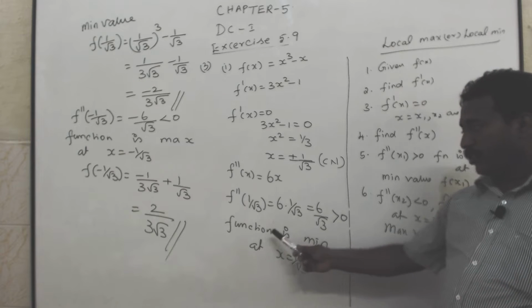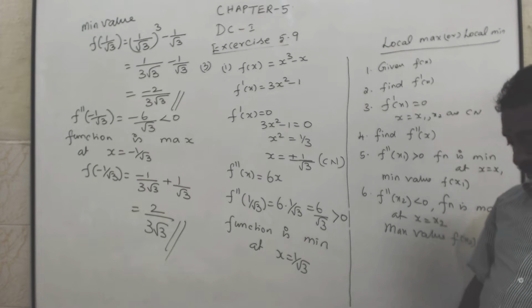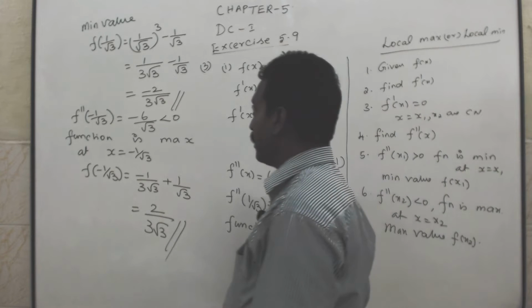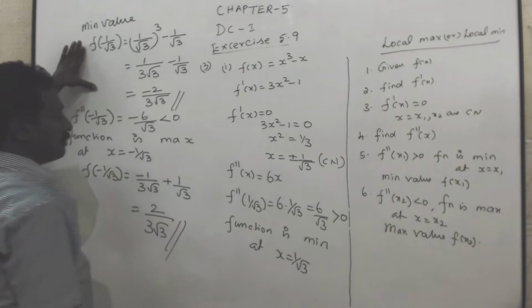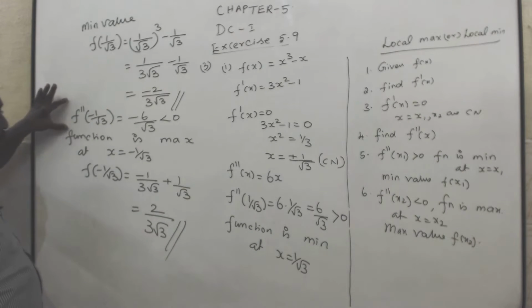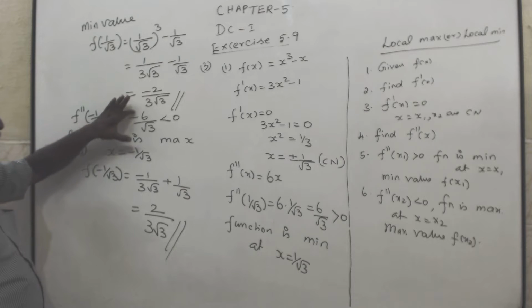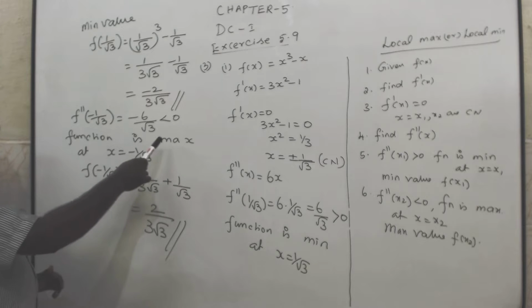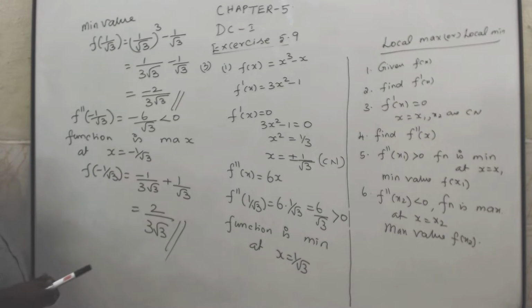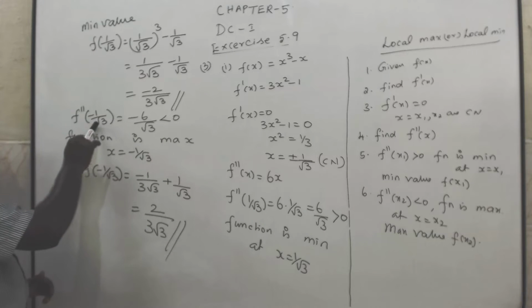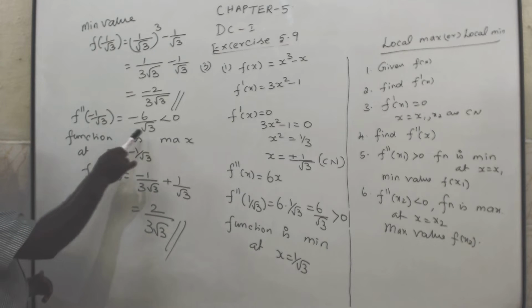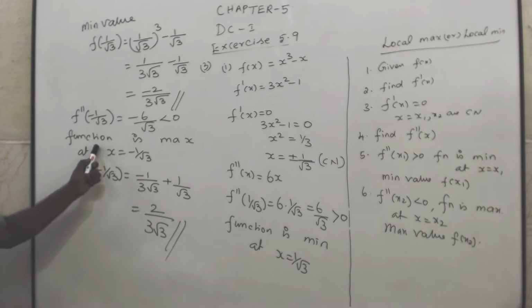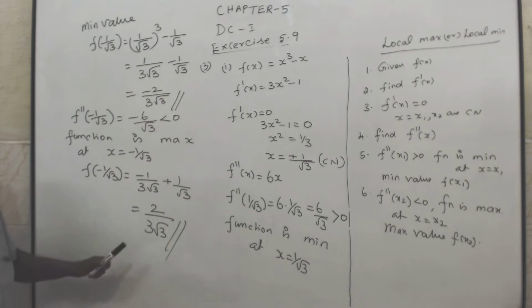Second derivative positive means function is minimum at x is equal to 1 by root 3, then the minimum value. Then f double dash of minus 1 by root 3 is minus 6 by root 3. Function is maximum because its second derivative is negative. If you want to find out maximum value, substitute this value in f of x, simplify, will get the result.